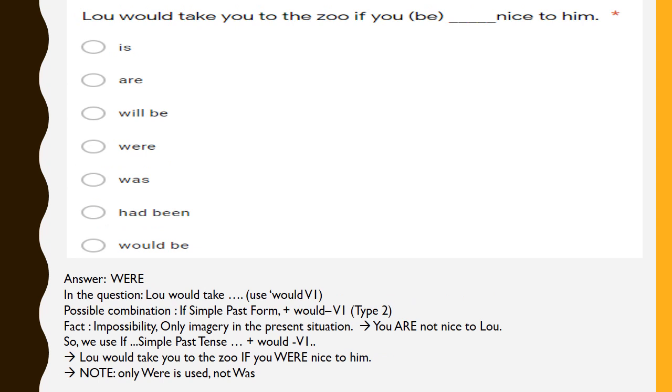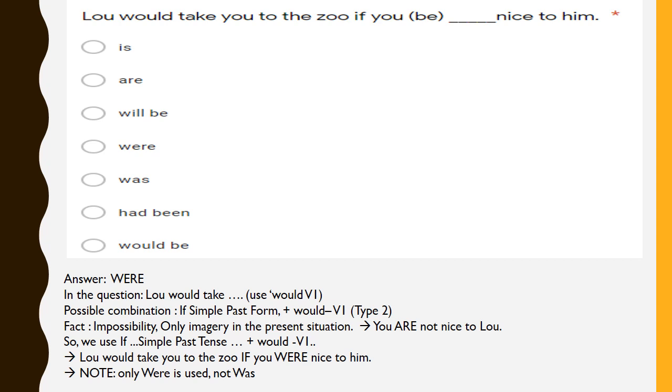Question. Lou would take you to the zoo if you be nice to him. Answer: were. In the question, Lou would take uses would verb 1. So the possible combination is if simple past form combined with would verb 1, or type 2, because the fact is an impossibility.